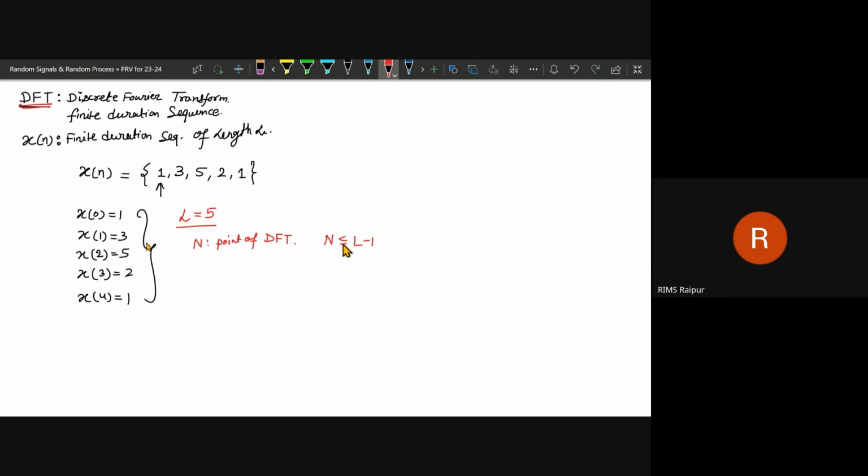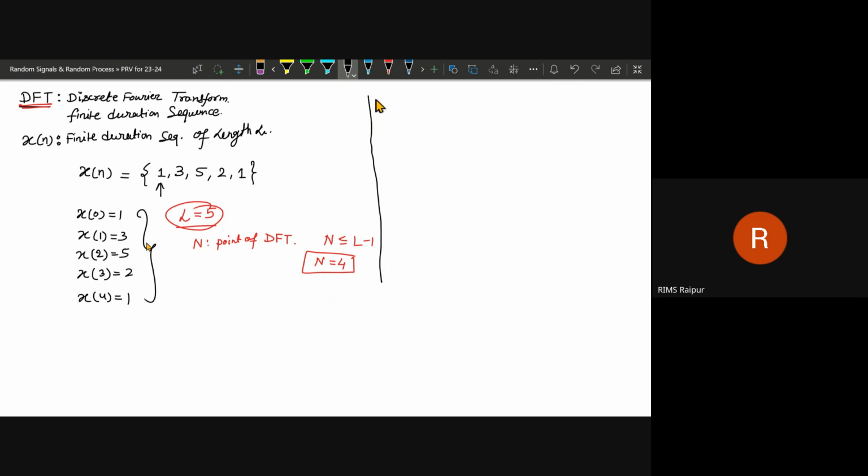So in this case, the value of L is 5. So here, at most, we can have 5 minus 1, that is, a 4-point DFT. Correct? Now, what is the mathematical expression to calculate the DFT of an input sequence?